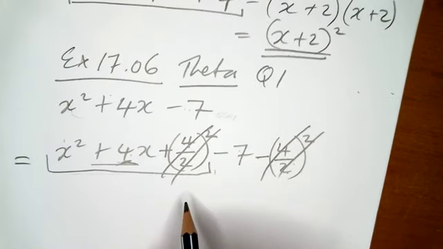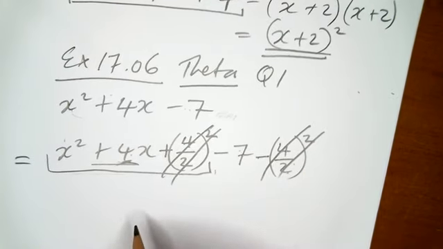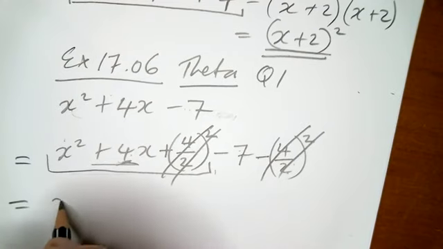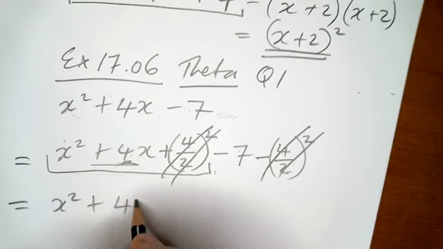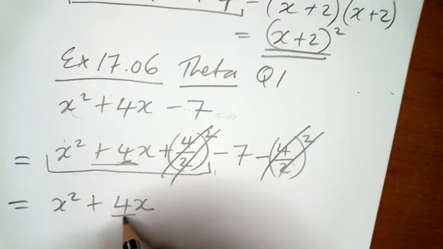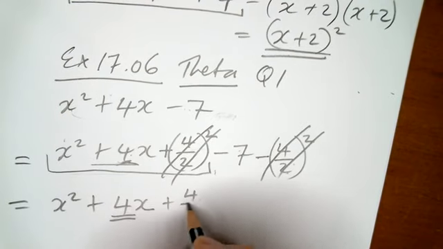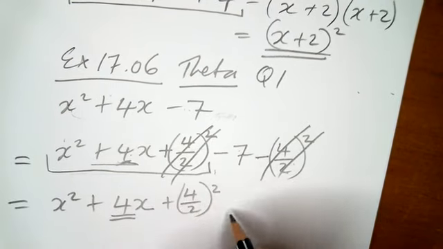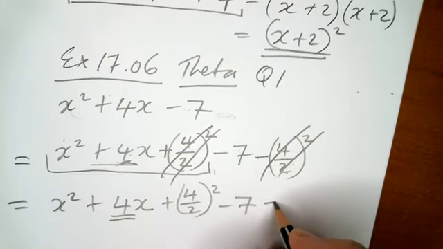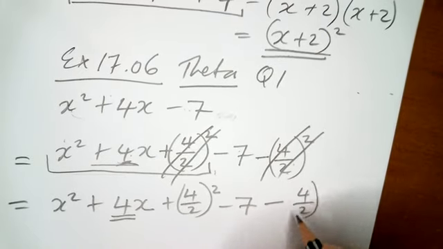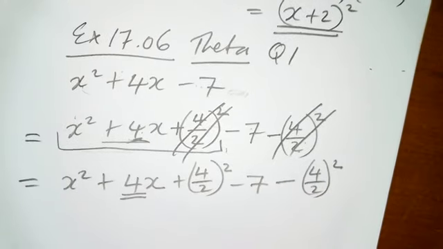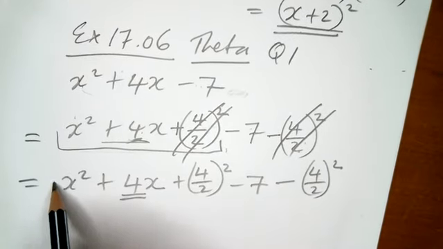So let's go and redo that again, and this time we're going to actually complete the square. So I'm going to go equals, and I've got my x squared plus my 4x. I've got my b term. I'm going to add the b term on, halve it, and square it. I've got my minus 7 on the end, but then I'm going to subtract the b term, halve it, and square it as well. Now, this bit here is my perfect square.